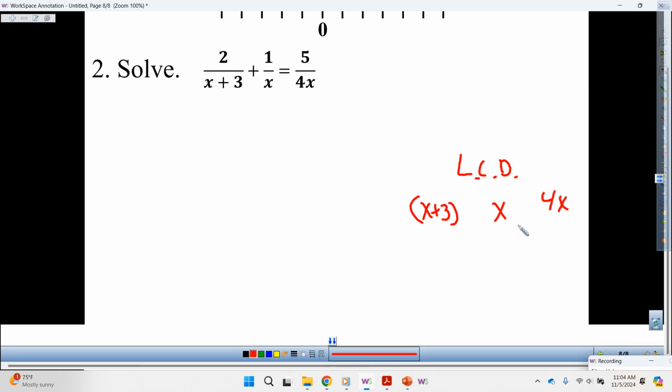I'm going to start with the small ones that look almost the same. For these two to be the same, what does this one need right here? A 4, is that correct? So that means my LCD for these two is 4x. If you bring down the other denominator, since it's a binomial, we just multiply these two. So my new LCD is 4x times x plus 3.